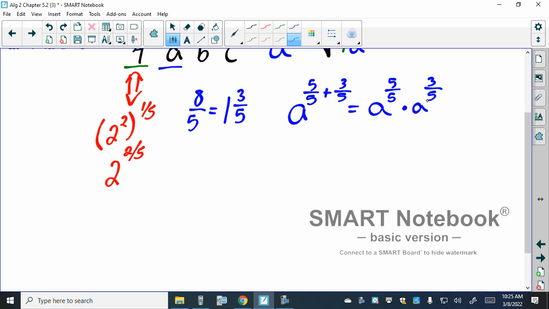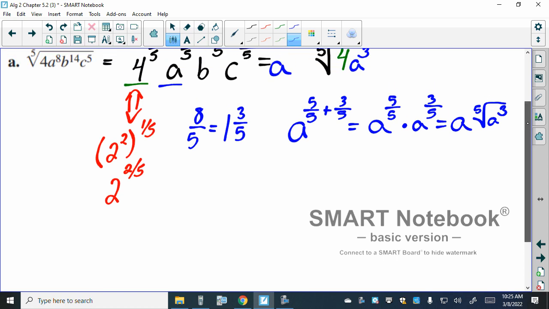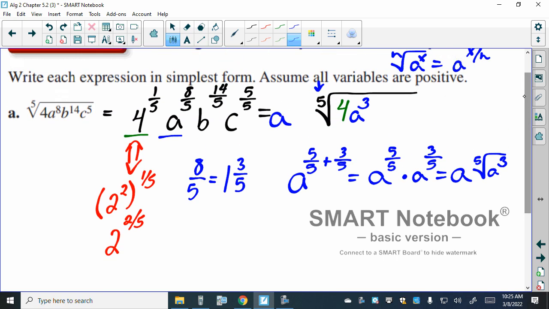Well, A to the 5/5 is just A. A to the 3/5 is saying that we have the 5th root of A cubed. Questions on this here? So our 8/5 or 1 3/5 is really saying that I do have one whole A that does come out, and we have 3 left over inside.